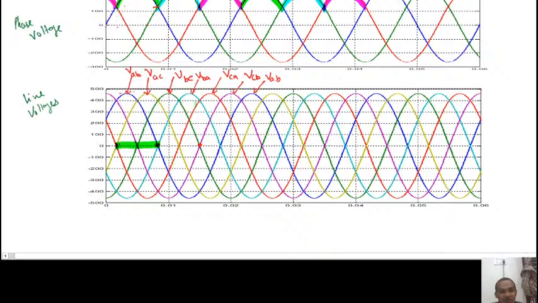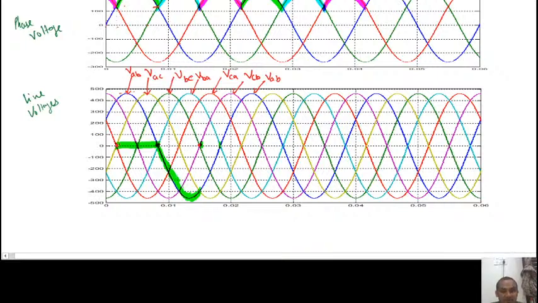VAB is the dark blue one, so just mark it. Till what point? It will not go all the way here, because after 120 degrees C was conducting, so it goes only up to 120 degrees.